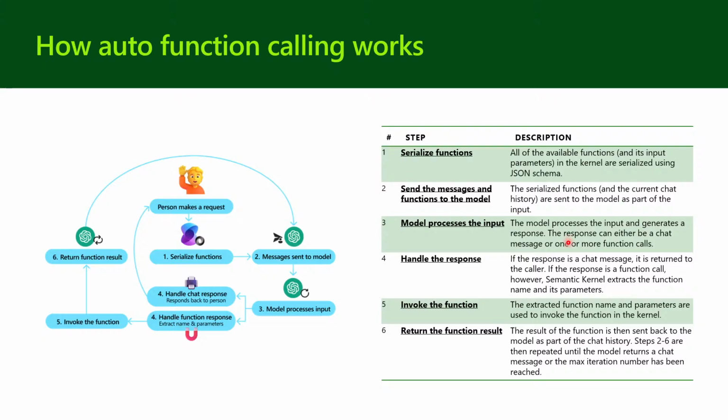This part is important: the response can either be a chat message or one or more function calls. The response can say that the information received from the user is not enough to respond yet, so it would like to do another function call to answer the user's question.